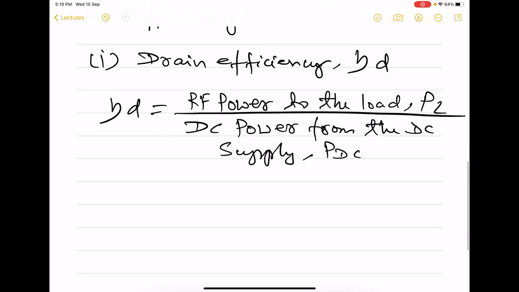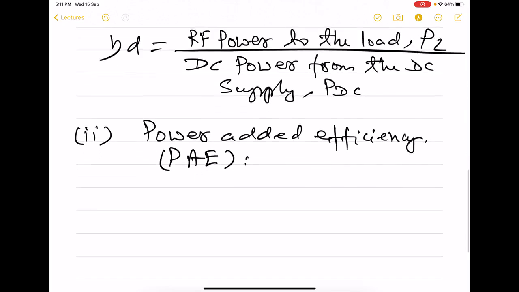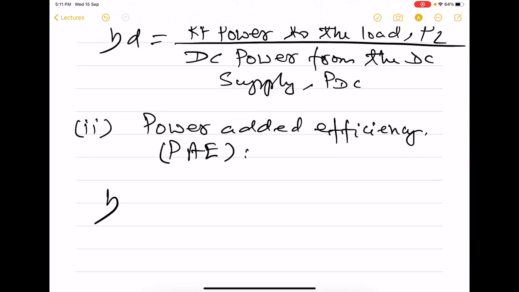The second way of defining the efficiency is called power added efficiency, or in short, PAE. And this eta PAE is defined in this way.